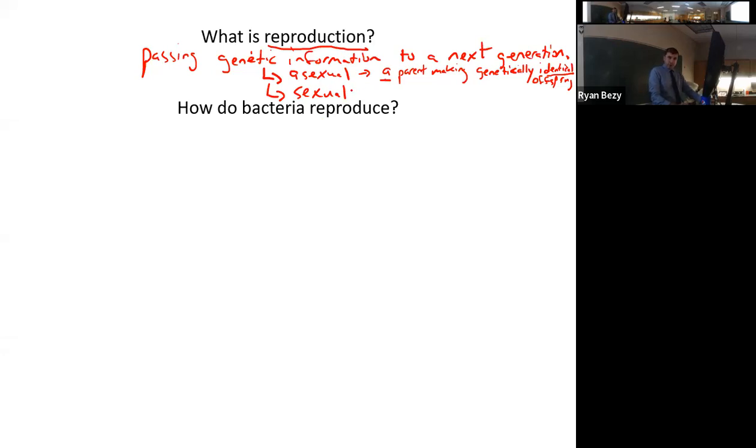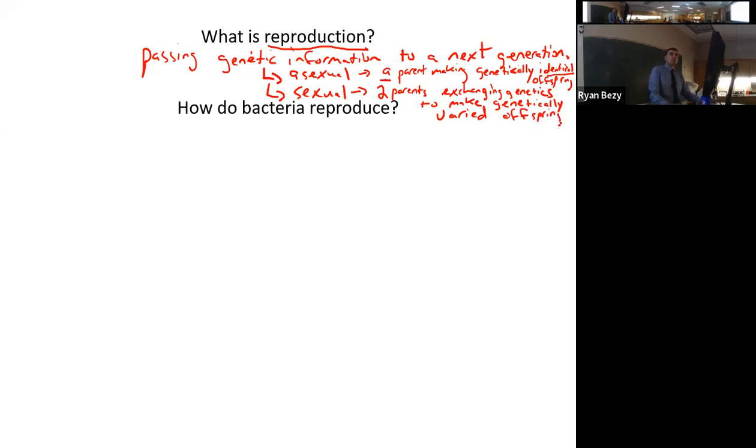What's sexual reproduction then instead? Yeah, two parents exchanging genetic material to make genetically varied offspring.